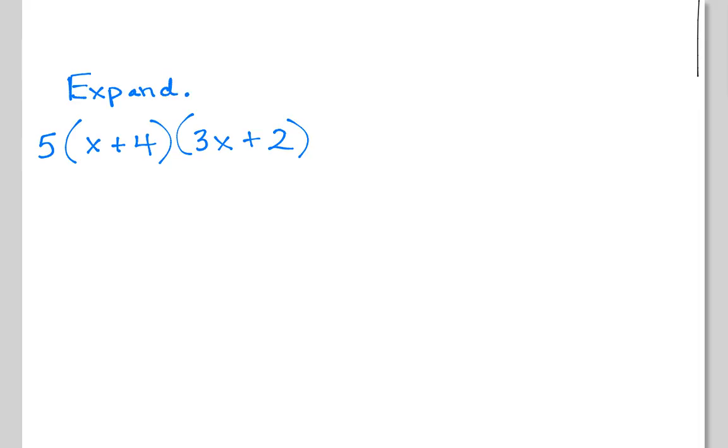Okay, we're going to expand this one. So I just want you to think, how are you going to distribute? Are you going to put the 5 into one of these? Do you put them into both? Could I FOIL first and then put the 5?